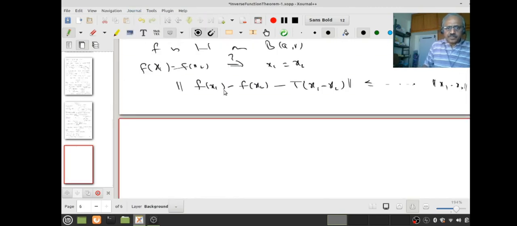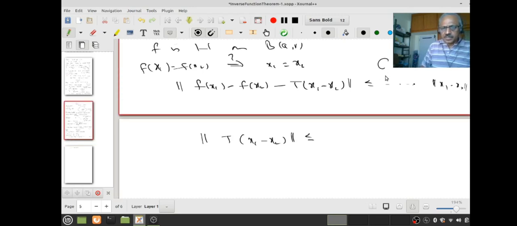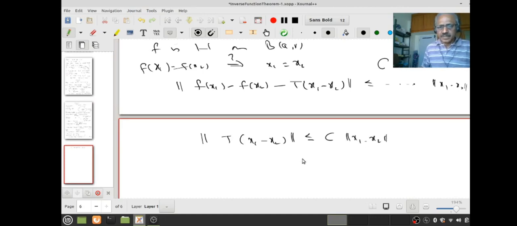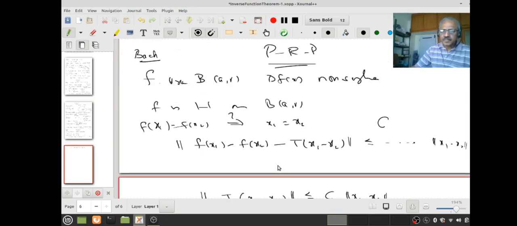Now this f(x1) equals f(x2), therefore what is left is norm of x1 minus x2 is less than or equal to something. Let us call this constant that depends upon x1, x2, c, so c times norm of x1 minus x2, right? Do you understand this?